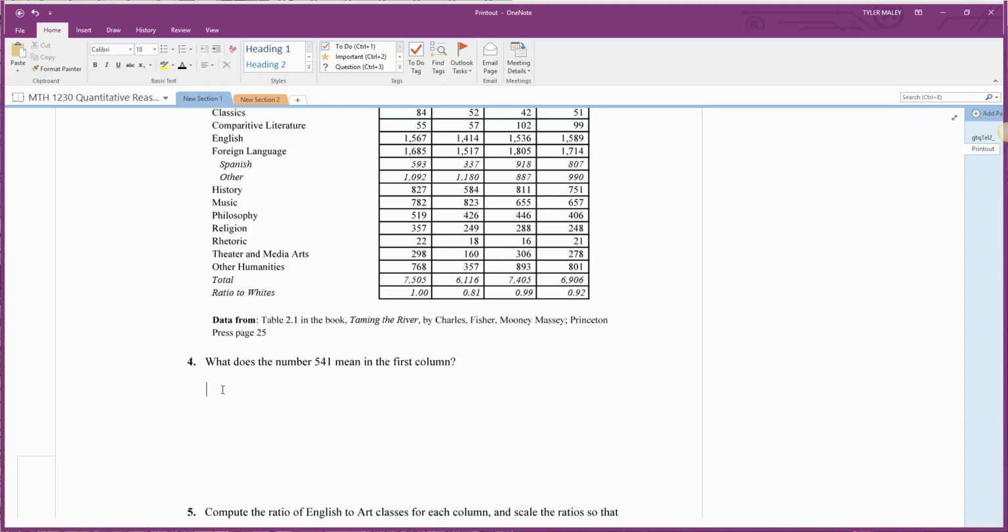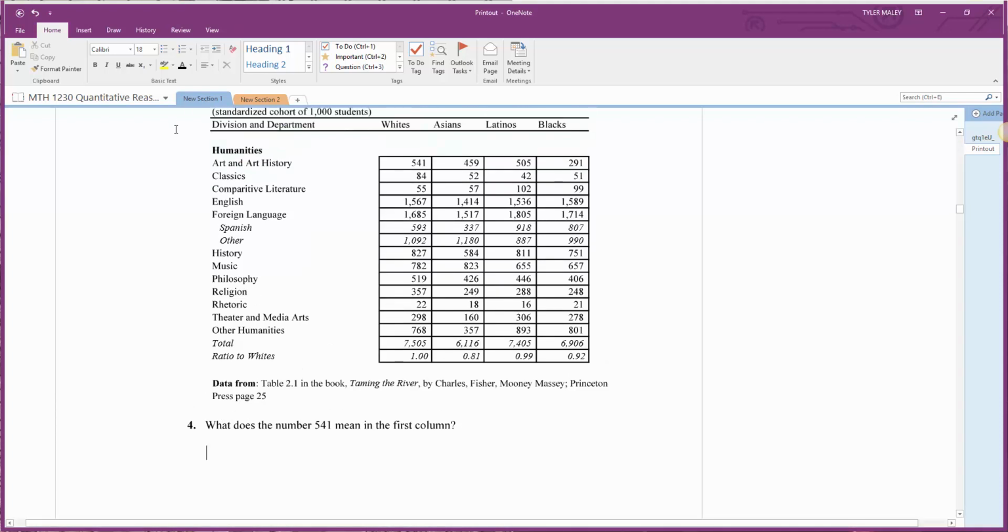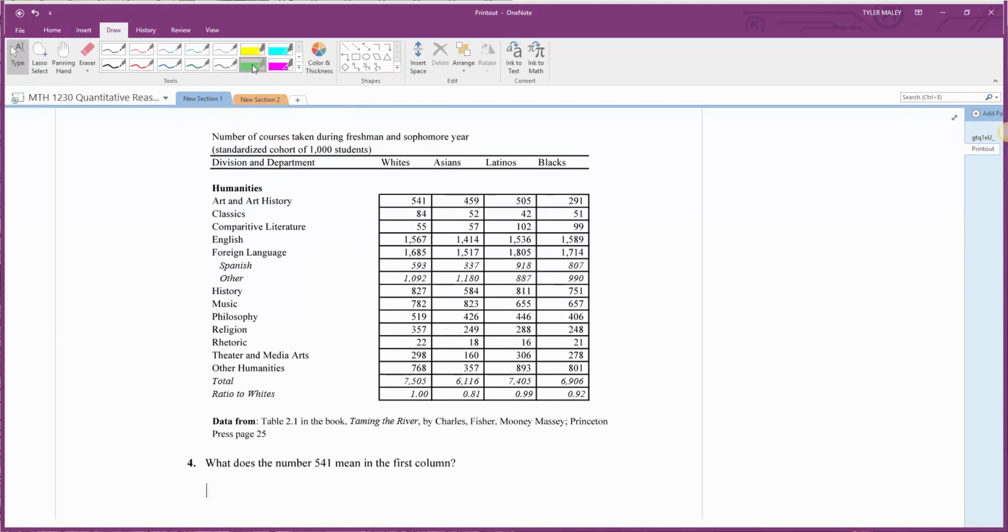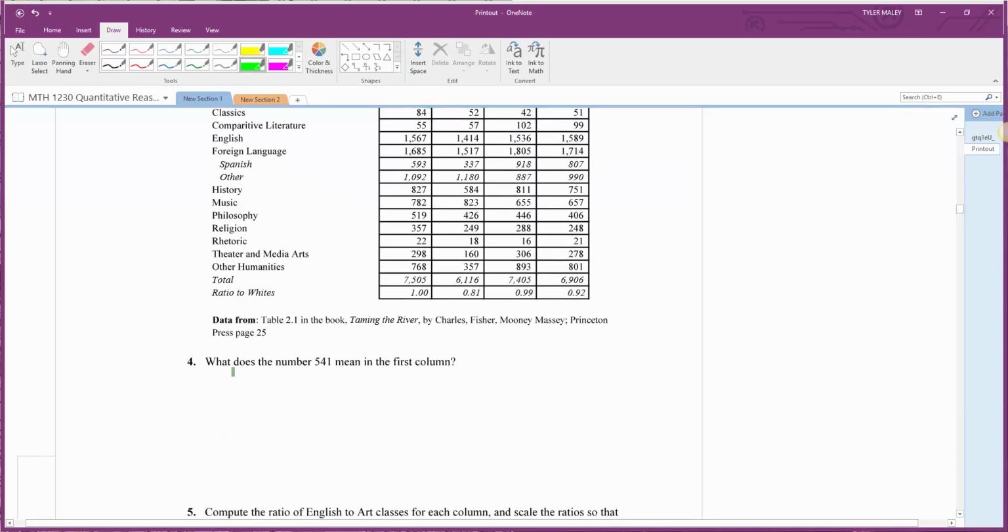We're asking what does the number 541 mean in the first column? Specifically, we're looking at this value. What does it mean? Tell me what this number means. It's maybe not as simple as one would think, so you've got to really think about what that number means. So this is what it means.